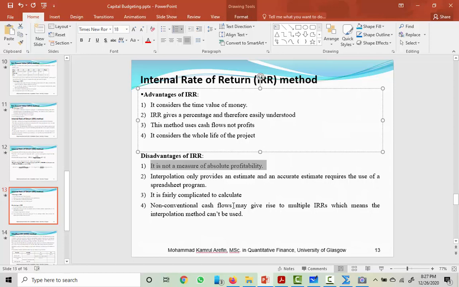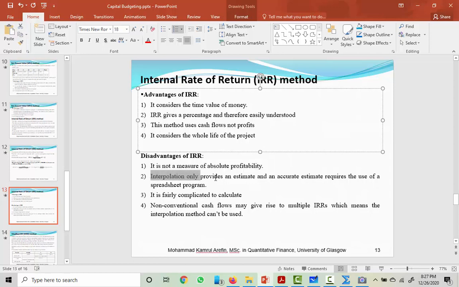So if our cost of capital is 15% and we get a positive NPV, in that case we can easily understand how much extra we can get above the cost of capital, above the required rate of return. So NPV gives absolute profitability, but IRR does not. IRR is not a measure of absolute profitability, right?